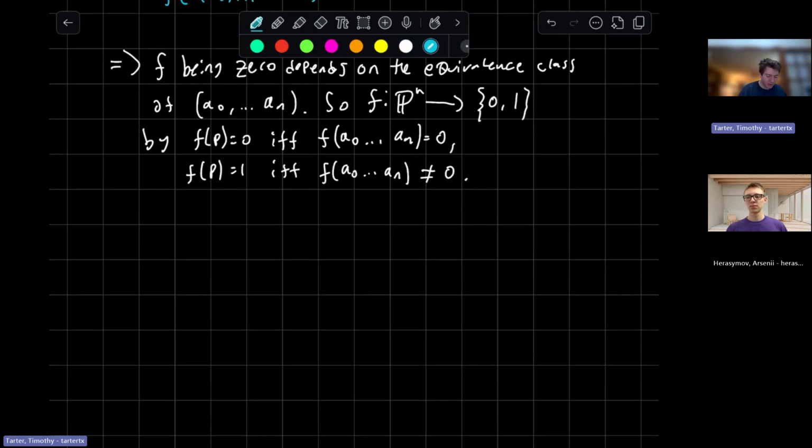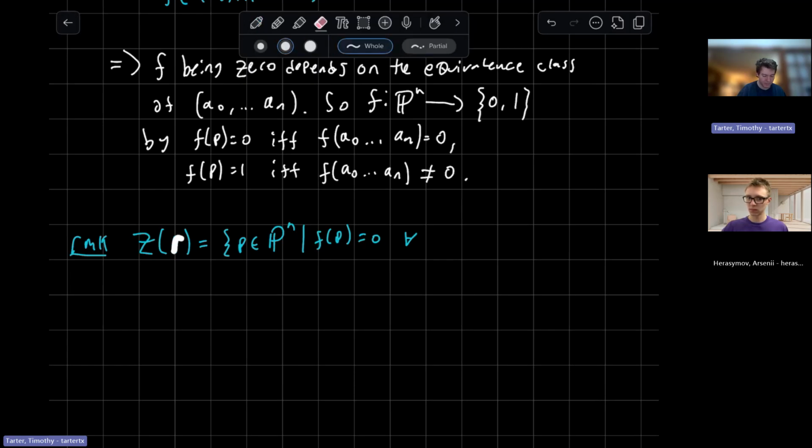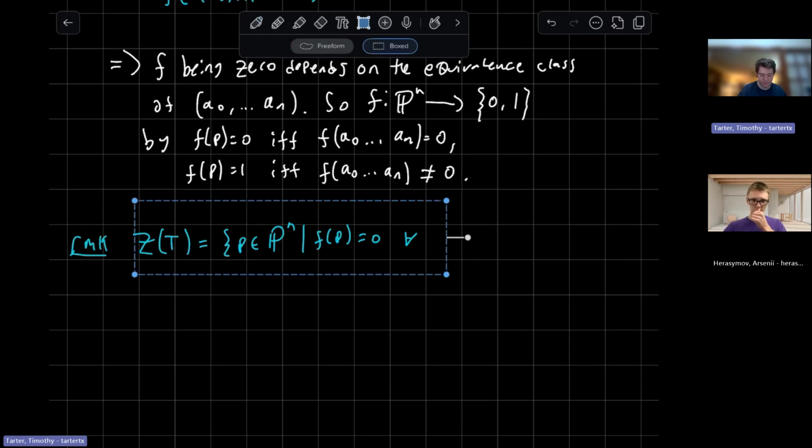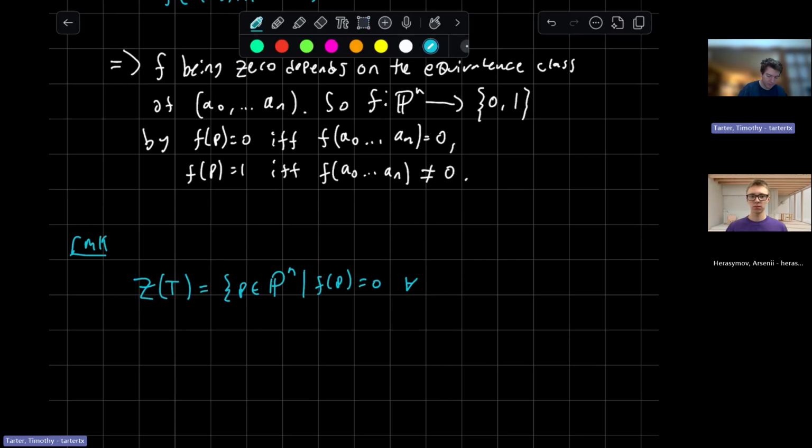But anyway, the remark that comes from this is that we can talk about zeros of a homogeneous polynomial. Z(T) is the set of all p in P^n such that f(p) is equal to 0 for all f in T, where T is a set f_1 through f_s. Sorry, I should have clarified that.